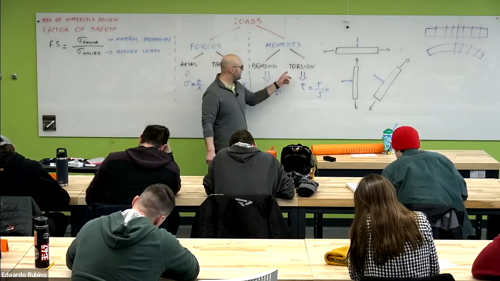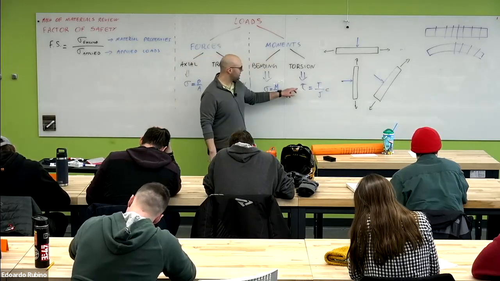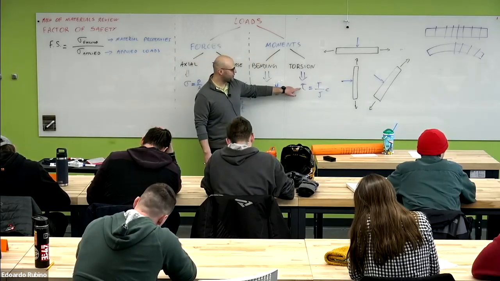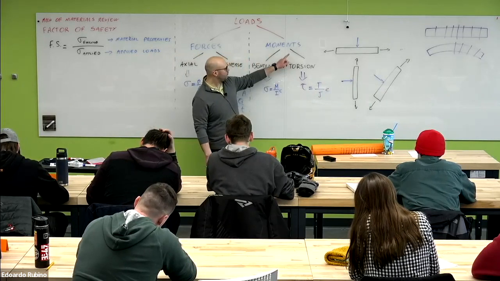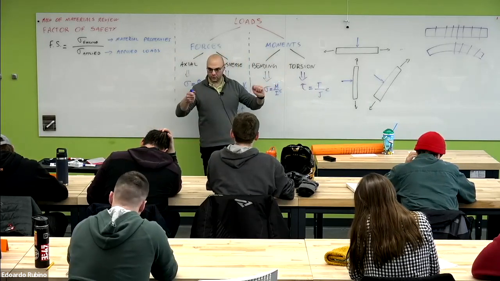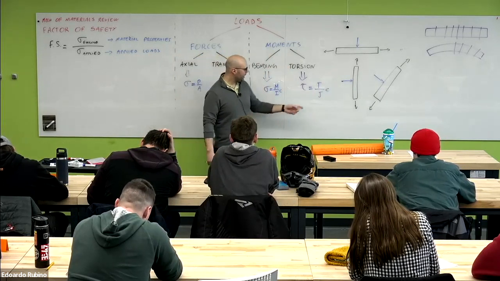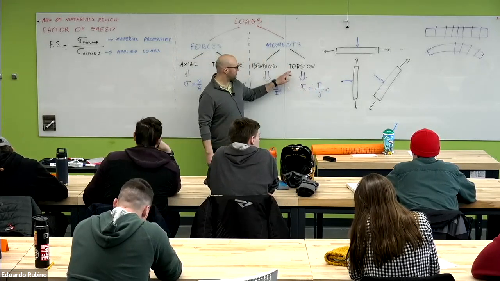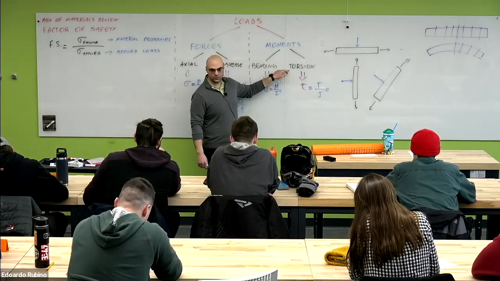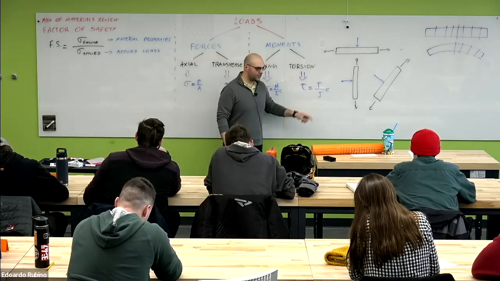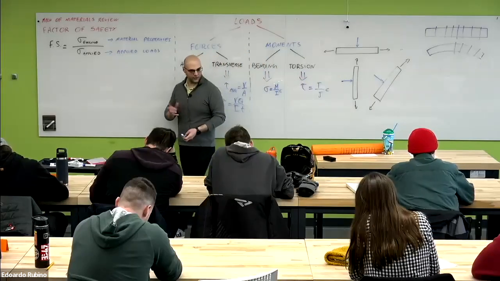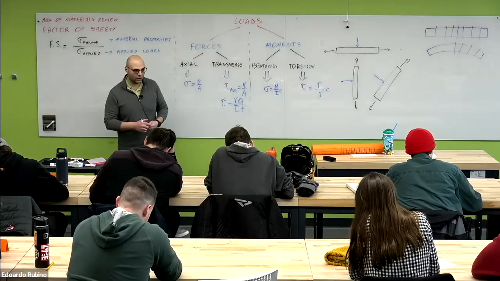And then we have the last equation. This is the equation that relates the shear stress due to the torsional moment, the twisting moment. T is the intensity of the torsional load. J is the polar moment of inertia of the cross-section.